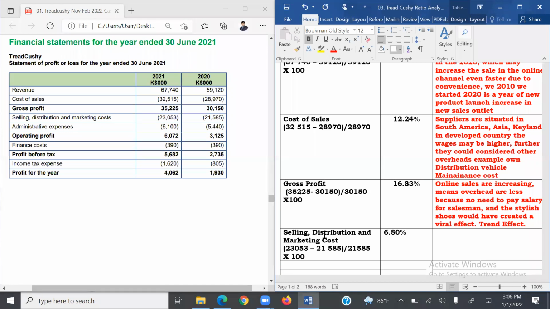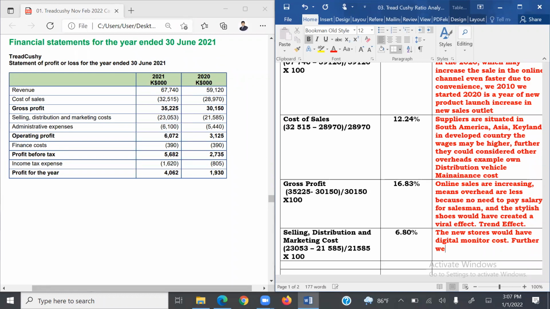So there is a slight increase in the selling, distribution, and marketing cost. Slight increase only. The main thing I can specifically say is the new stores would have incurred digital monitor cost.